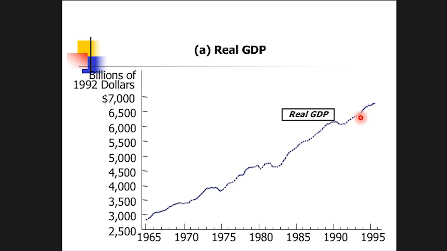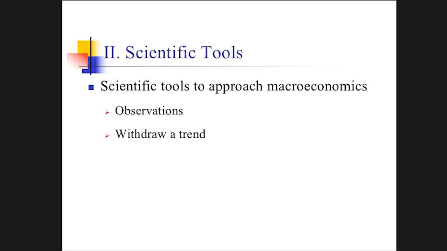So you say that, in general, this is a trend: GDP increases over time. If you see this trend, you may state a theory. The increase in GDP over time is called economic growth.